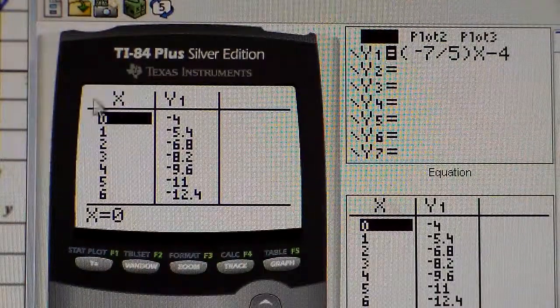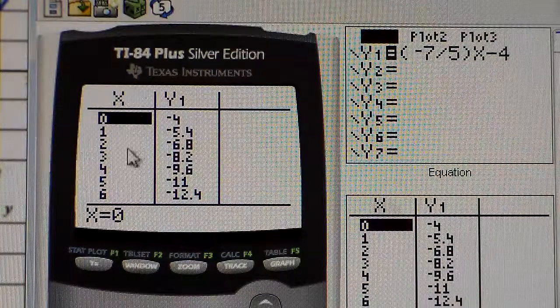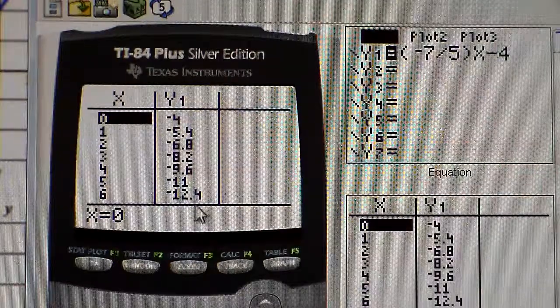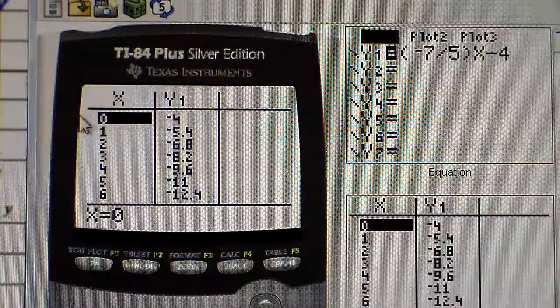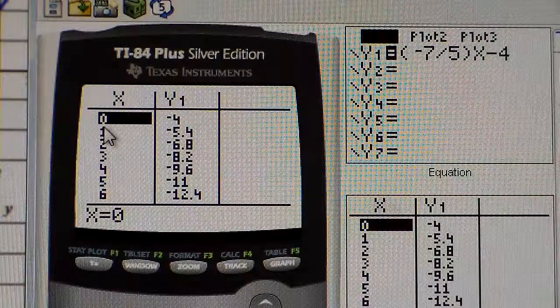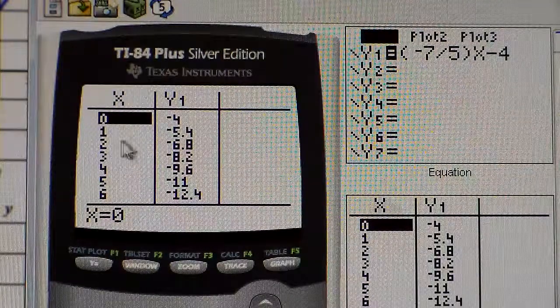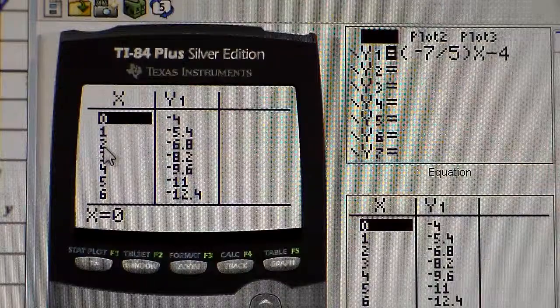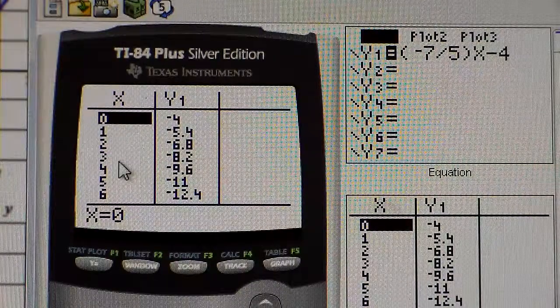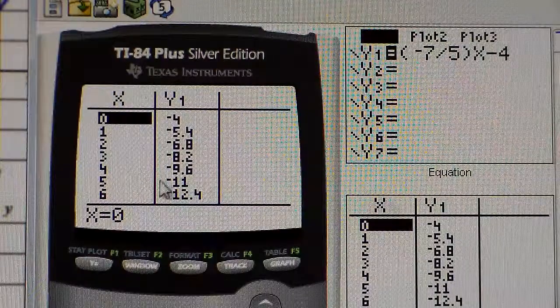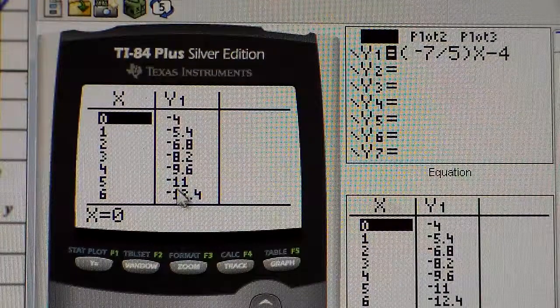We can see here we got a table where the x stands for all the x values in a coordinate, and the y stands for all the y values in our coordinates. So our first coordinate when we graph this is 0, negative 4. Then we have 1, negative 5.4, 2, negative 6.8, 3, negative 8.2, 4, negative 9.6, 5, negative 11.